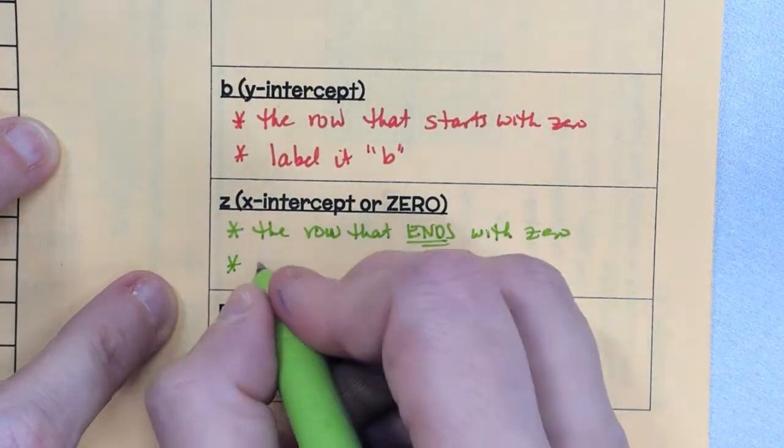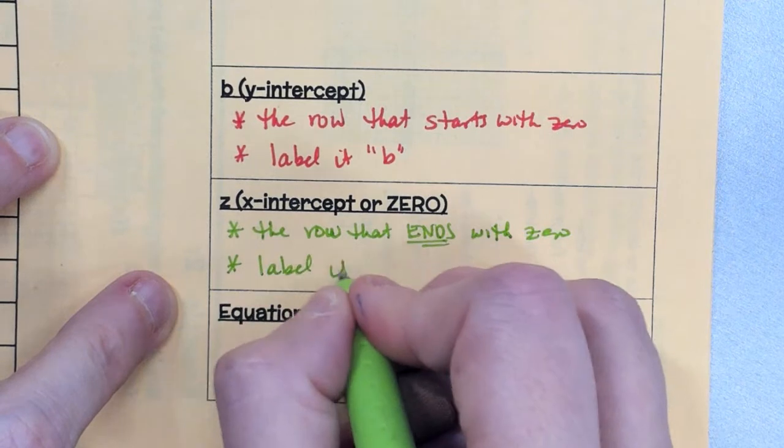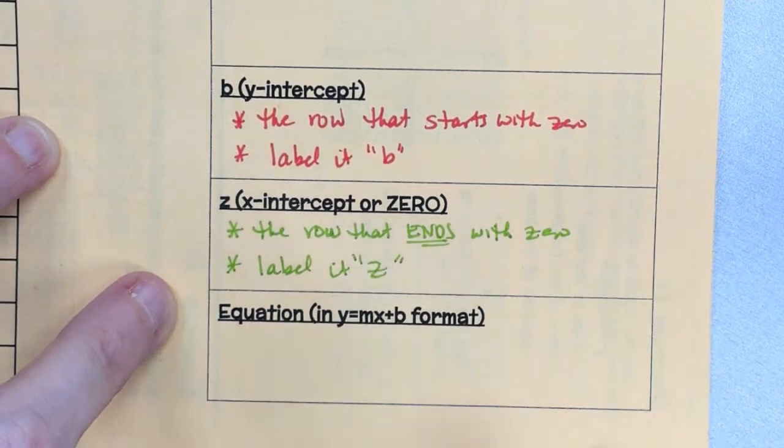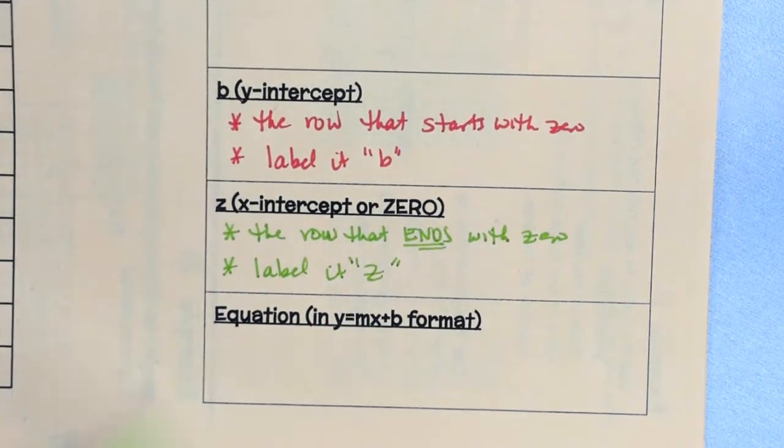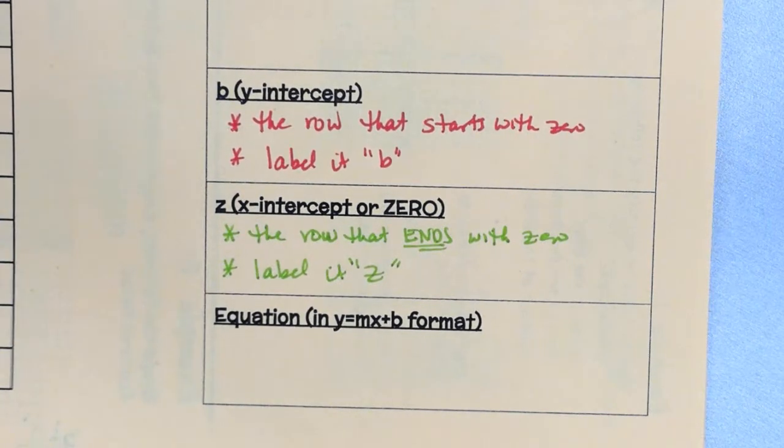And what are we going to label that? Z. We're going to label it Z. And yes, I put a line through my Z's because they look like 2's. Okay?